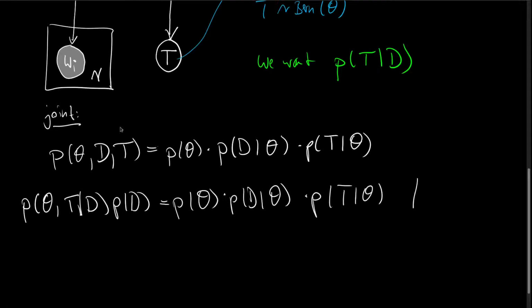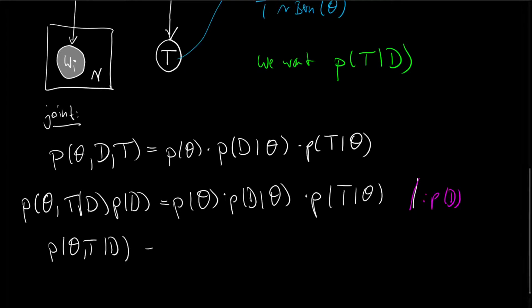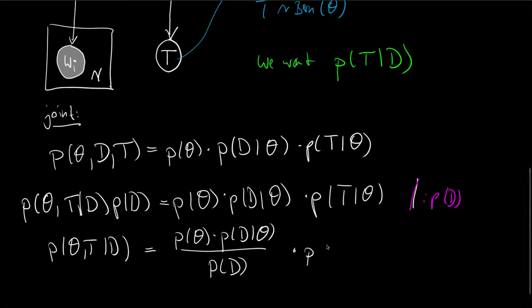Now let us divide by p of d, the probability of the dataset, and then we have p of theta and t given d is p of theta times p of the dataset given theta, divided by p of the dataset, times p of t given theta.